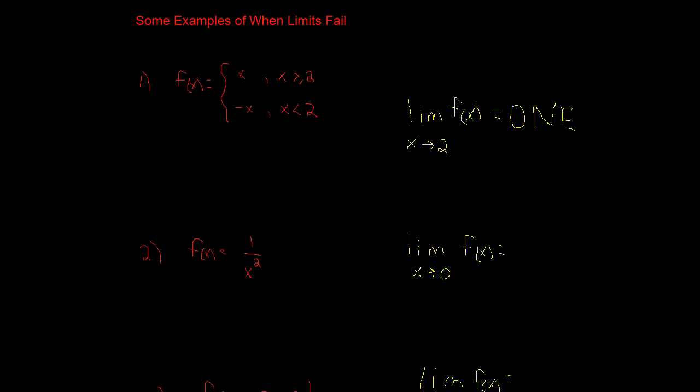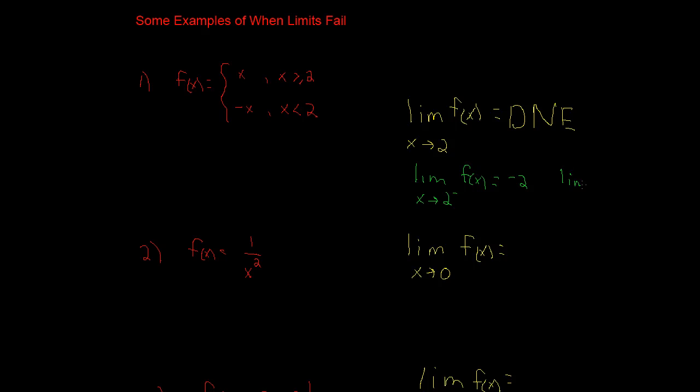Now, just a little aside here, you could talk about the left-handed limit, and you could say the limit as x approaches 2 from the left, and that's what that little negative sign means. So this is notation to describe a one-sided limit, and that does exist. Remember what that was? Was it negative 2? Yeah, I guess it would be negative 2.